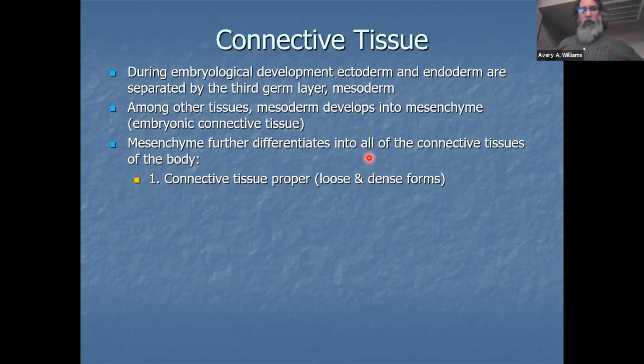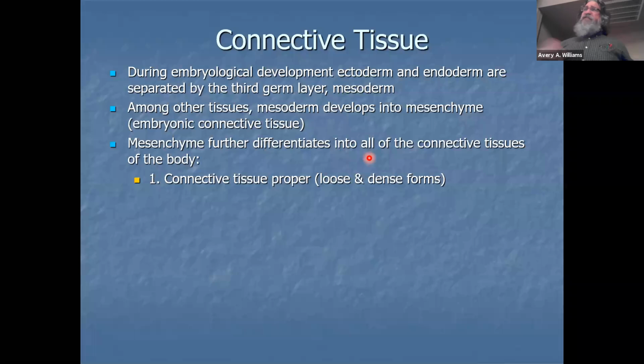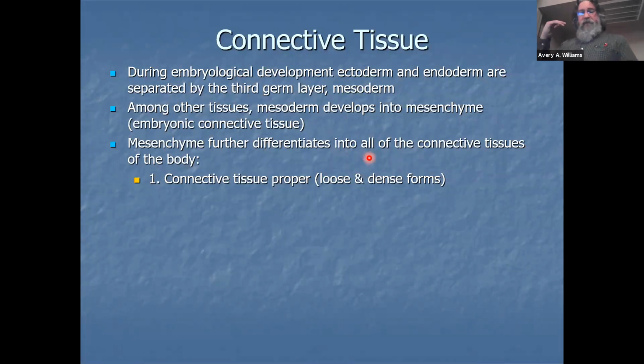It's just like a lot of room, or it'll be jam-packed full of inclusions. And so it's dense, it's not a lot of room, it's real crowded. And so we talk about those. And there's reasons for having both. And when we go over the examples, you'll see why. So first, connective tissue proper, loose and dense forms.